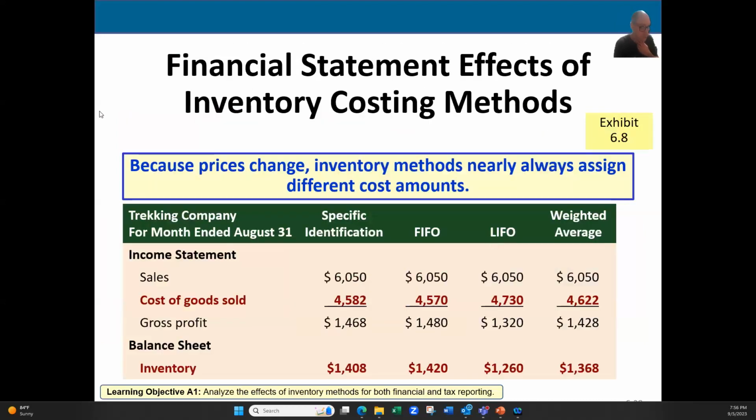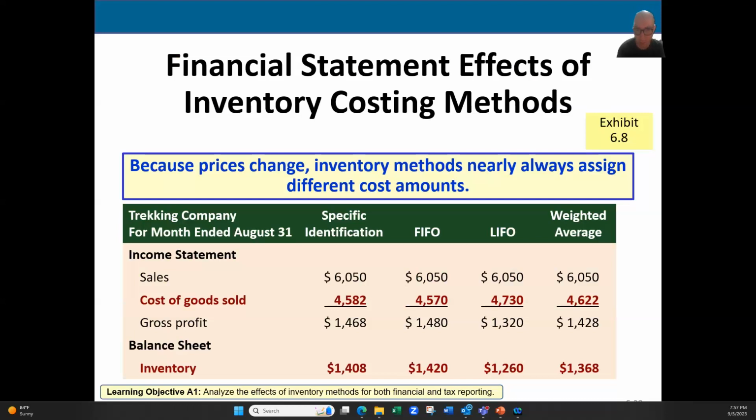So if we look at our example that we just worked through, looking at those three different methods, well, really four, we can see the effect on cost of goods sold and inventory, and what it does to our gross profit. The sales were the same, $6,050 in sales, regardless of the method we used. But the cost of goods sold was different.